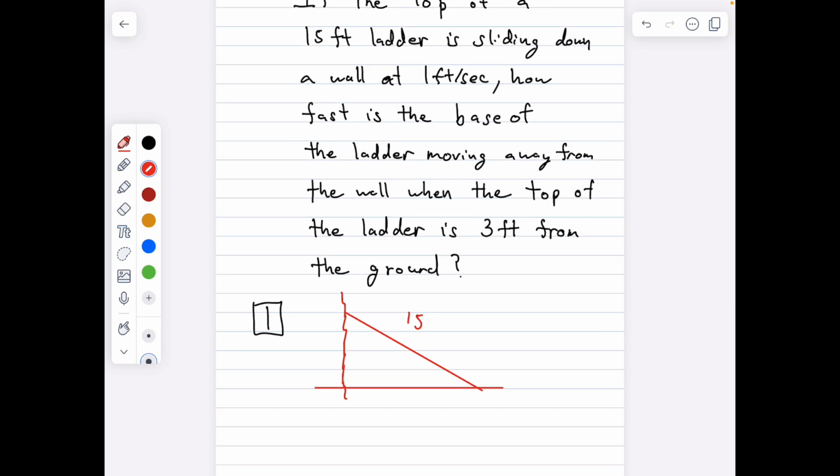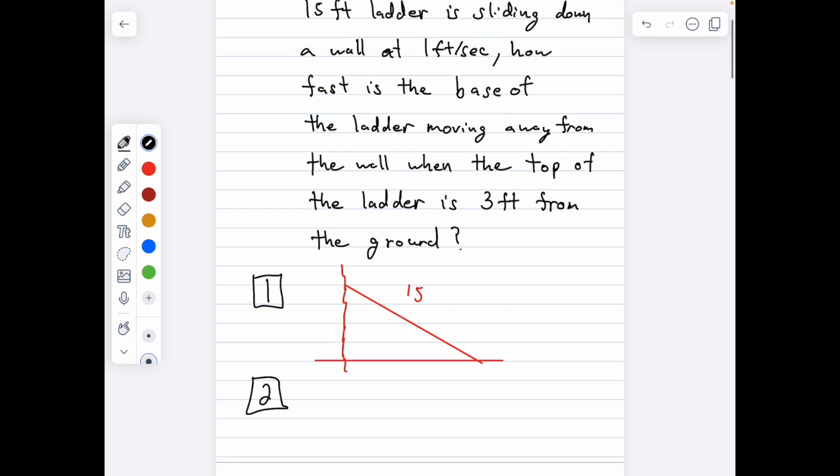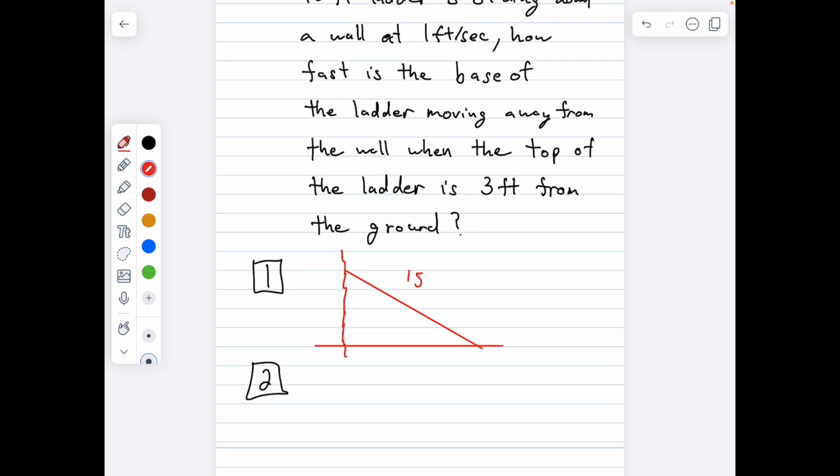Step two basically is I'm going to label in this picture the quantities, or parts of the picture, that are moving. So the top of the ladder is sliding down. Let me call that distance y, from the top of the ladder to the ground. That's changing here. And the distance the bottom of the ladder is away from that wall, call that x.